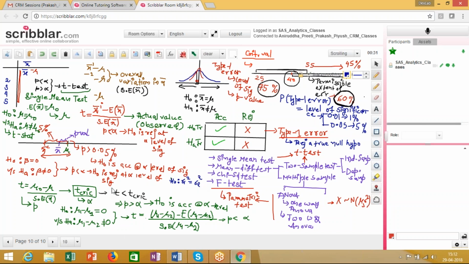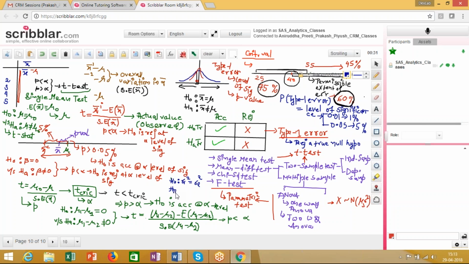Now we cannot actually say that the variances must be equal. What we need to say is that there must not be any significant difference between the two variances. So whatever differences can be observed are because of sampling fluctuations, nothing else. Those differences should not be anything significant in nature, right? So this is where we have HA.